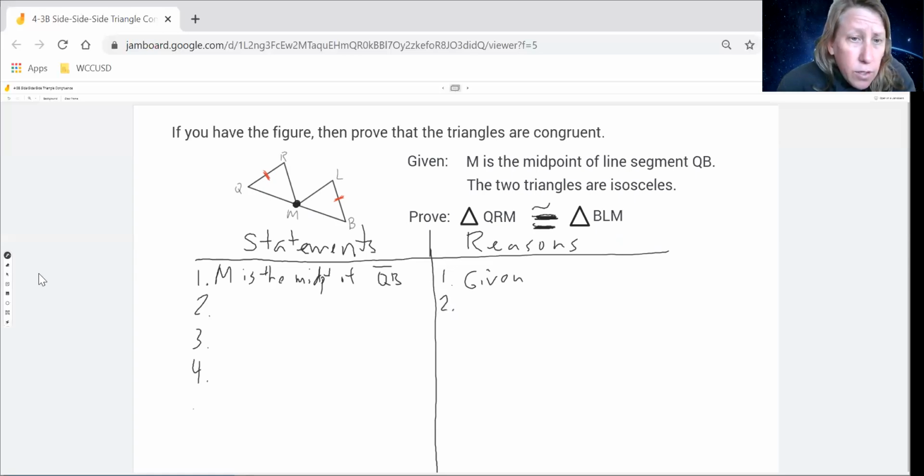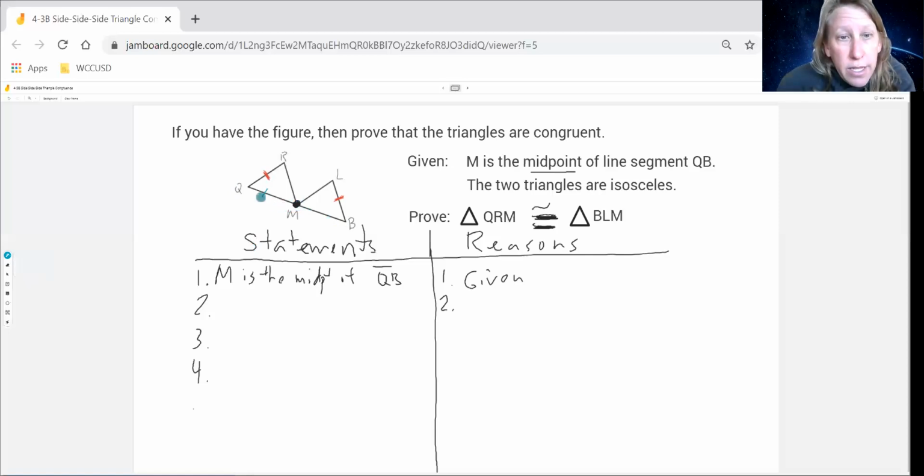Okay, so it says that the midpoint of a line segment is the point that divides the segment into 2 congruent parts. So what I'm going to do is I'm going to go get a color here. So M is the point that divides the segment into 2 congruent parts.